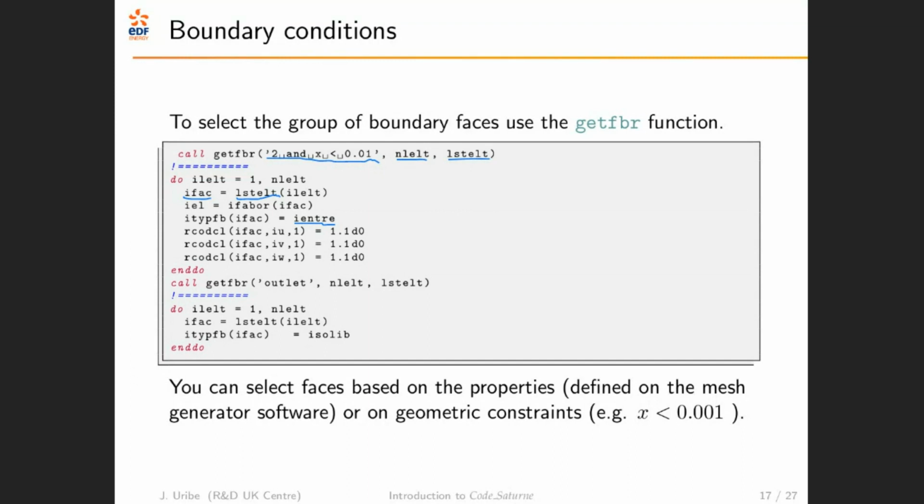So for that particular processor, the number of faces goes from 1 to 100,000. And that's what this IFAC is. Okay. So IFAC could be anywhere between 1 and 100,000 in the example I'm making. And similarly, the cell number is also local.